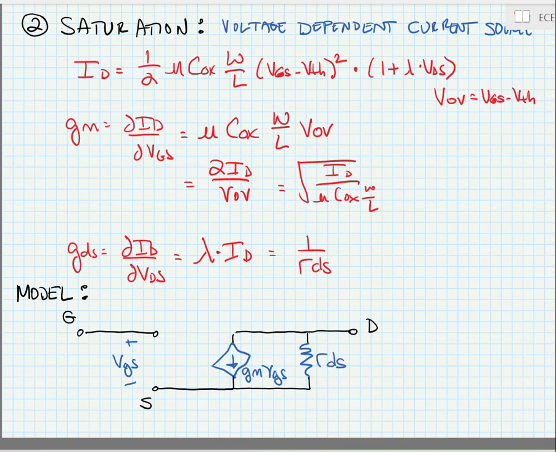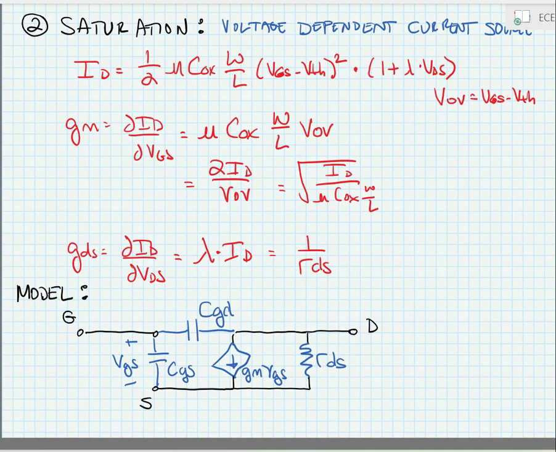And though we haven't discussed the physical mechanisms, there is a capacitance, CGD, and a capacitance, CGS, that's due to the oxide capacitance.